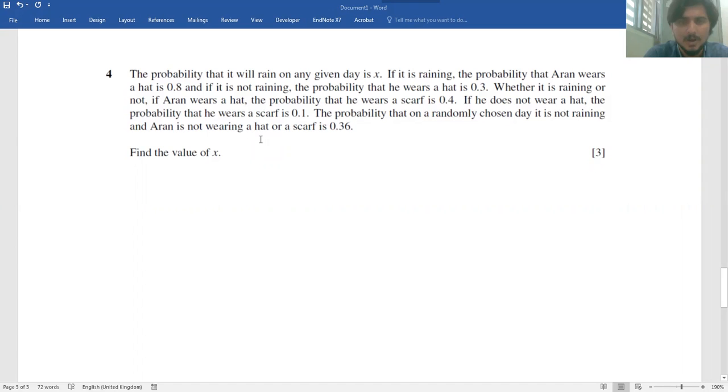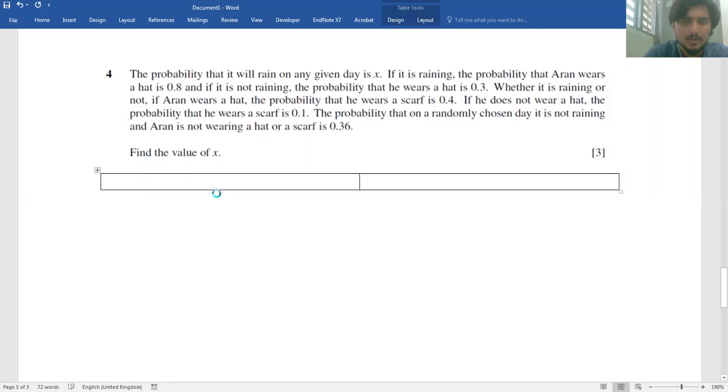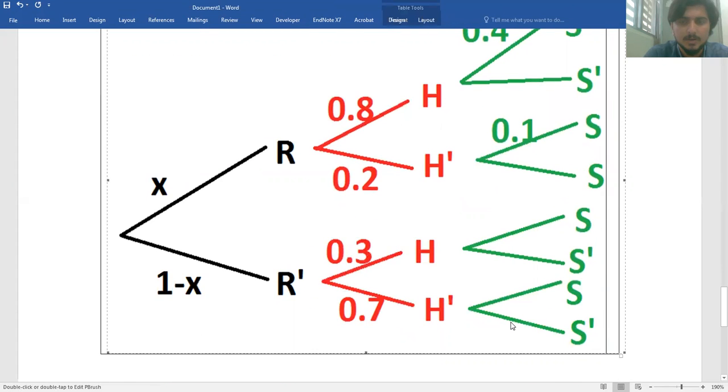If he does not wear a hat, it is 0.1. So this is 0.4, and for the remaining, all the calculations are done accordingly. I'm not filling out all the probabilities for scarf and no scarf. You just try to understand it in this particular way.